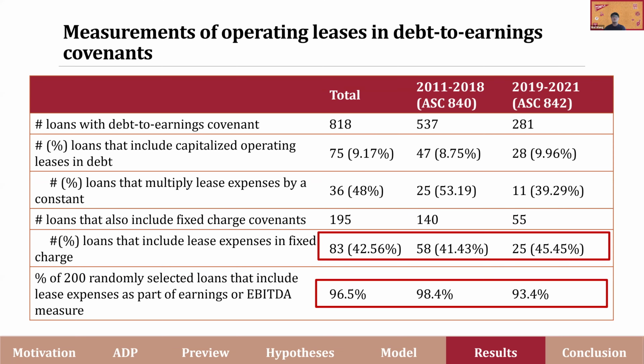So we believe that our loan pricing results, in addition to what we see in those contracts, provide some support to our argument that lease expense might just be sufficient for lenders to price these risks.